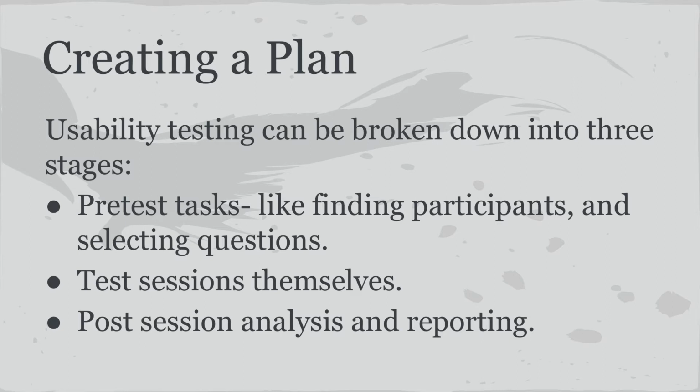So this is a methodology. You have to start with a plan on how you're going to approach usability testing. And there's really three basic stages. You come up with tasks of how you're going to test your users, what you need to learn about that component that you're building or the function of your website, whether it be navigation, a form that you've created, or what have you. The test sessions themselves are a little bit involved.